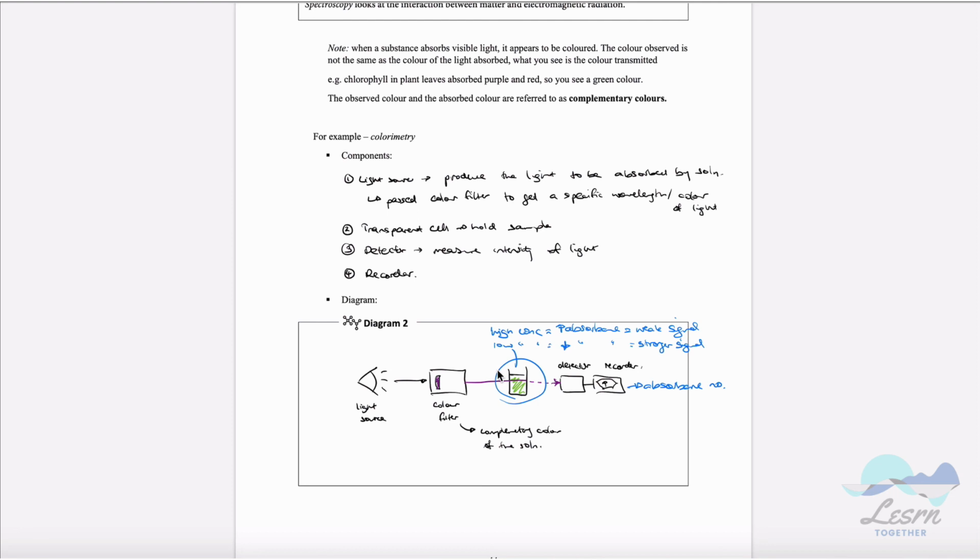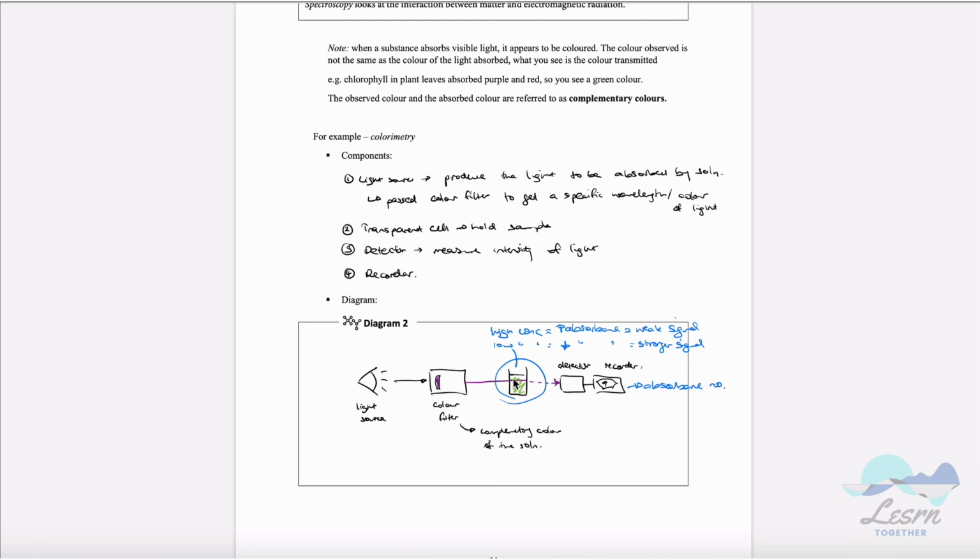But it doesn't necessarily have to be, because like we said, the sample absorbs every color except the color that it's showing. So we can put blue there and that's fine. It will absorb a little bit of blue, but not as much as it absorbed purple. So the signal is going to be a little bit weaker. That's why we try to always go with the complementary color. But we'll talk about variations to that in the next spectroscopy method.